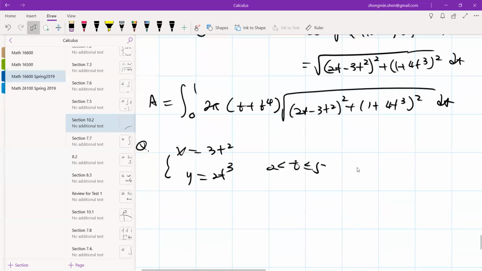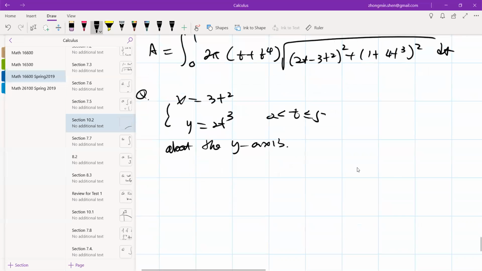So the notation is about the y-axis. How do we draw this graph? Draw this graph first. You need to look at where it is when t equals 0: the starting point is 0, 0.